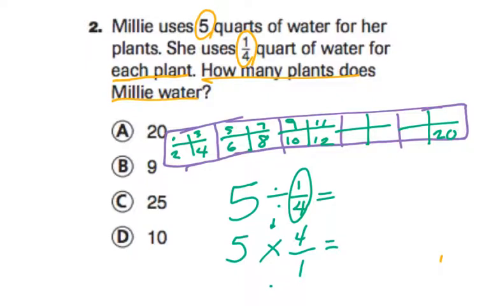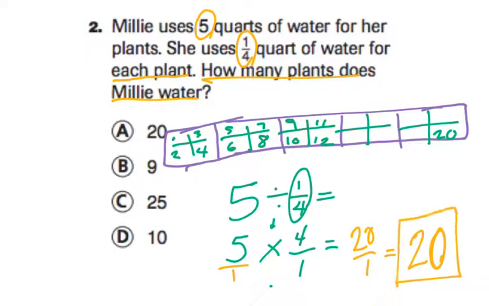Now I have 5 wholes, or 5/1, times 4/1, which gives me 20/1, which is the same thing as 20. And so now I have seen my answer with a model and with the mathematics.